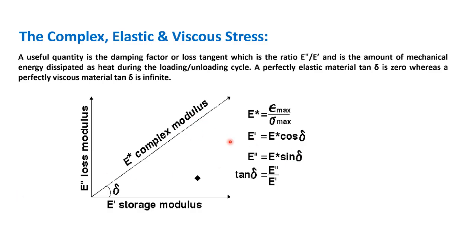So it is a summation of E dash plus i E double dash, and this is the cos component, and this is the sine component. The ratio of these two is the tan delta, and E star is the maximum stress divided by maximum strain, and E dash is equal to E star into cos delta, and E double dash is E star into sin delta.